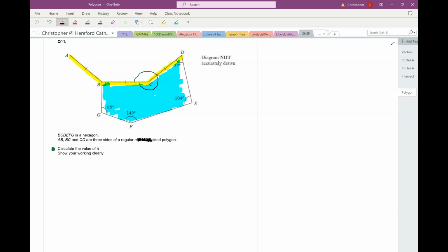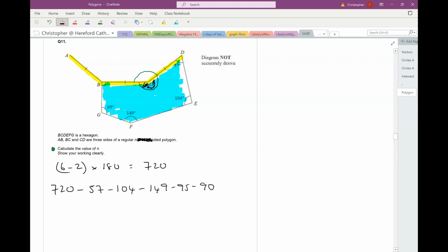Let's have a look. So it's a hexagon, isn't it? So the total number of degrees in a hexagon is the number of sides minus 2, times 180. So that's going to be 4 times 180, 720. So this angle here at C is going to be 720 minus the other interior angles. So minus 57, minus 104, minus 149, minus 95, and minus 90.